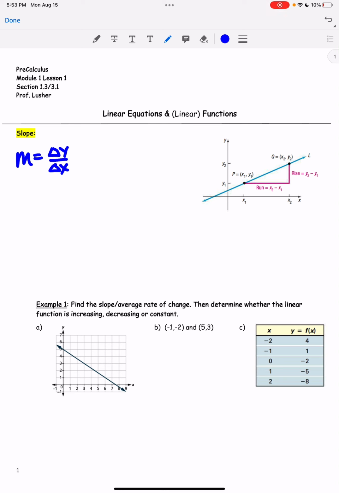Delta just means the change. And because delta means change, we can also write that as y2 minus y1 over x2 minus x1. And when we're dealing with it on a graph, we will use rise over run.